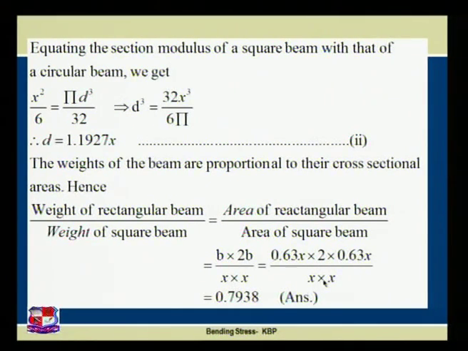Simplifying this using the calculator, we found the ratio is 0.7938. It means that the weight of the rectangular beam is 0.79 times the weight of the square beam. So if we use the rectangular section, the weight will be reduced compared to the square beam.